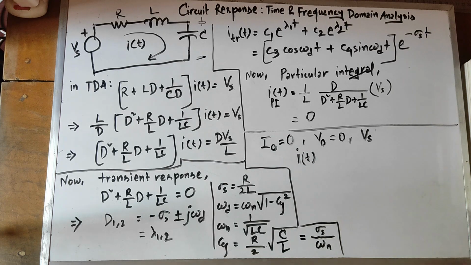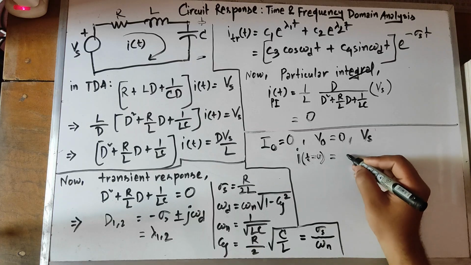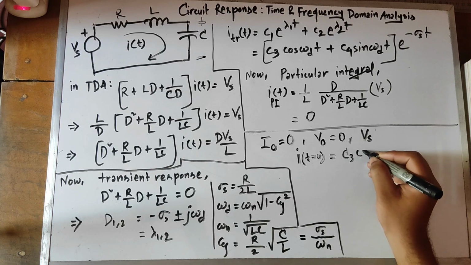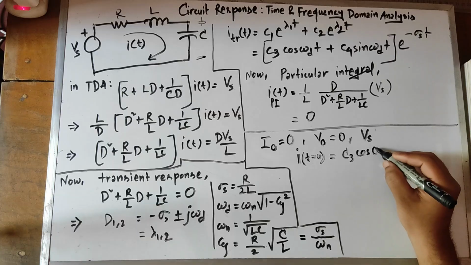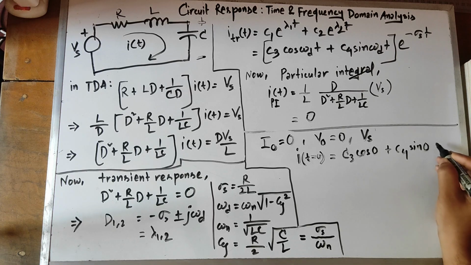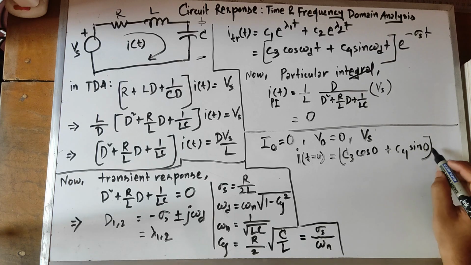So it equals C3 cos 0 plus C4 sin 0, times e to the power 0.